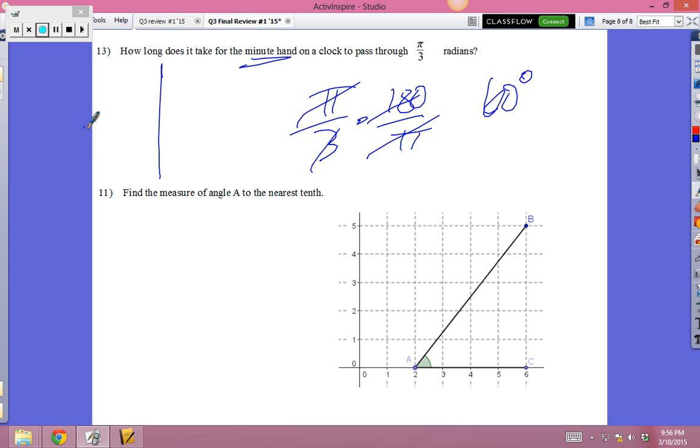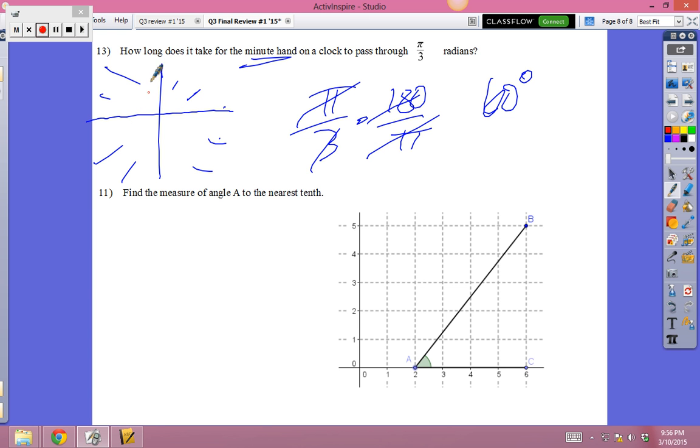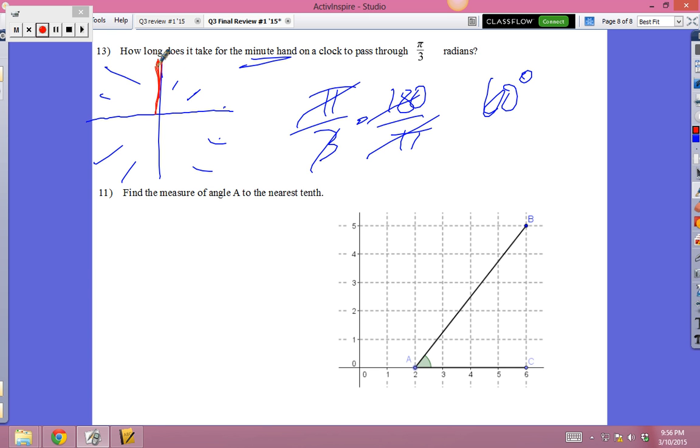Okay, on a clock. 5, 10, 15, 20, 25, 30, 35, 40, 45, 50, 55, 60. So each 5-minute tick is 30 degrees, because if I go from here and I rotate down to 15 minutes, that is 90 degrees.